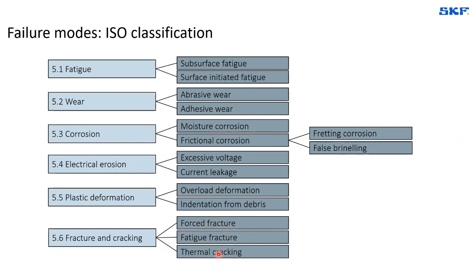But the fracture, in most cases, could be the consequence of something else that was happening in the bearing, like we will see examples of. And therefore, if you focus on the fracture, you might not be focusing on the proper failure mode that you can act on, that you can work to solve, because the fracture, again, was a consequence and not the cause.